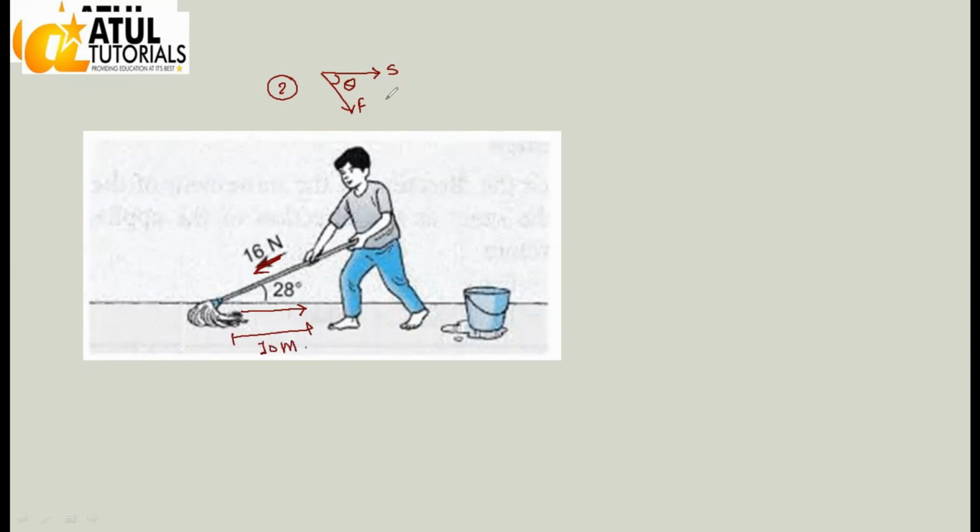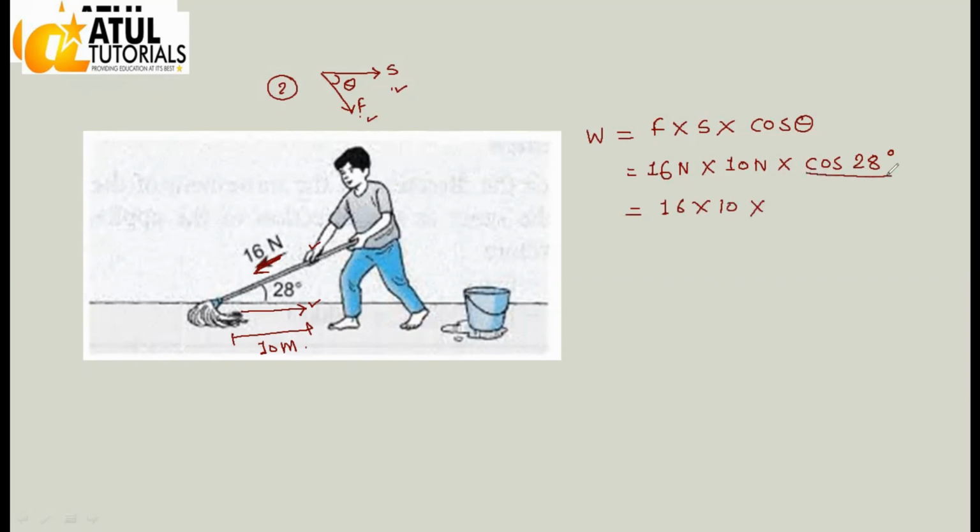Then when there is an angle between force and displacement, we use formula to calculate work done is F into S into cos theta. Here value for the force is 16 Newton into value for the displacement is 10 meter into cos the angle between force and displacement is 28 degree. By calculating this, we will get 16 into 10 into value for the cos 28 is 0.88.